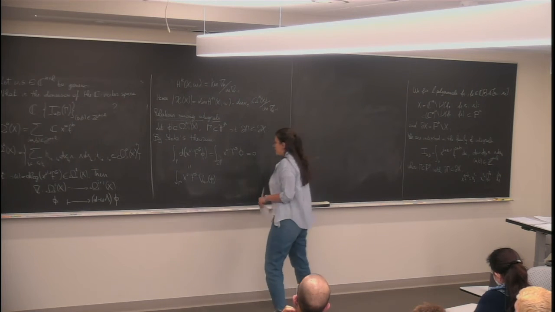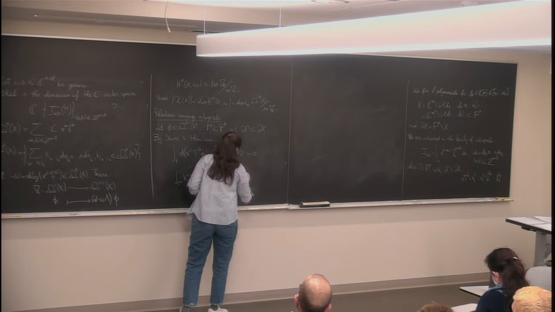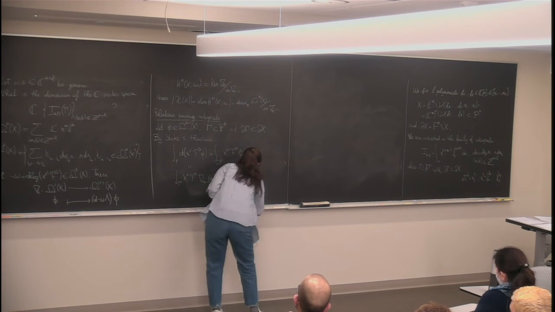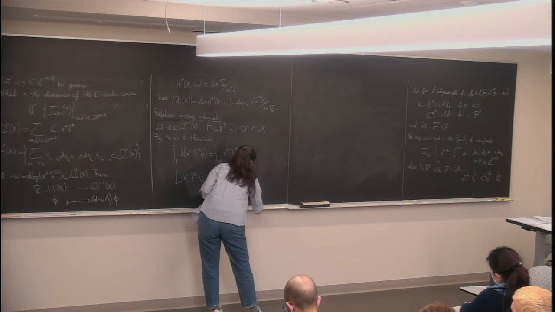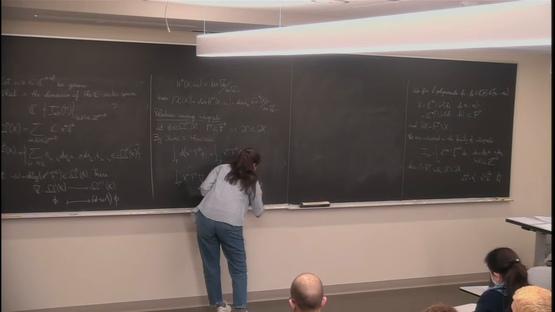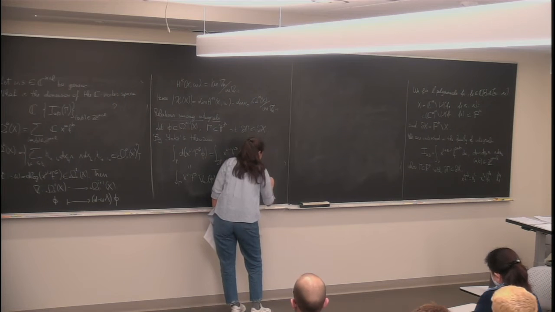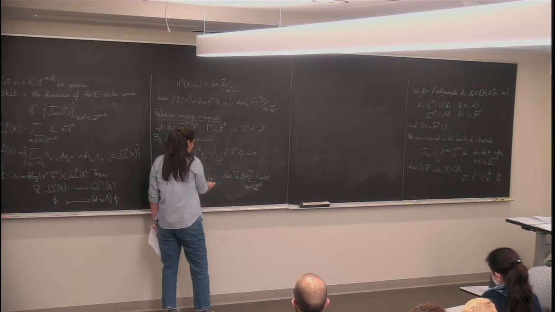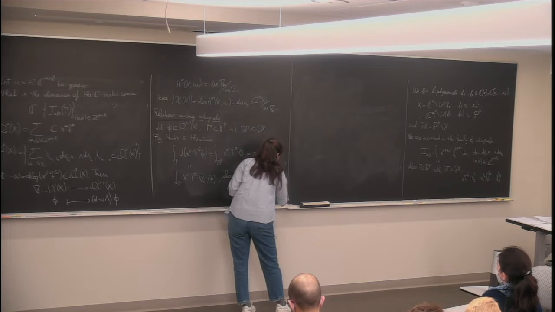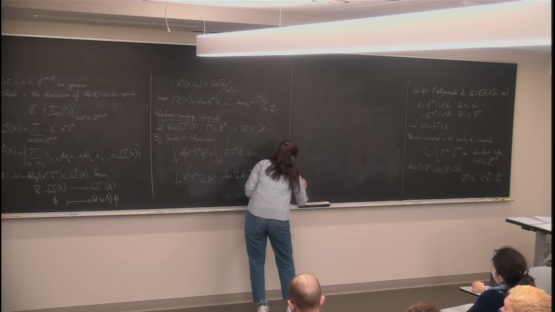In particular here we can say that nabla_{n-1} of φ will be given by a linear combination over a, b, again integer vectors, of some coefficients that will depend on the choice of φ, times x^a f^b dx_1 wedge ... wedge dx_n.